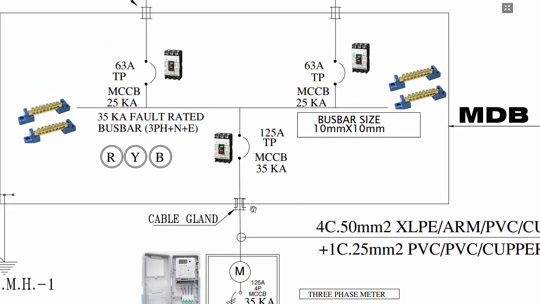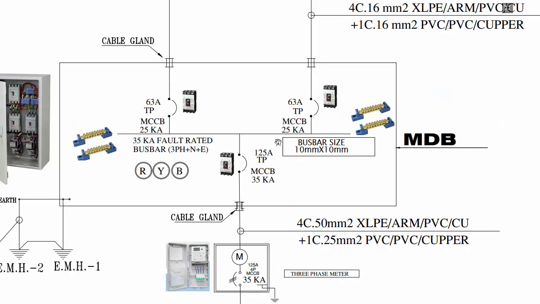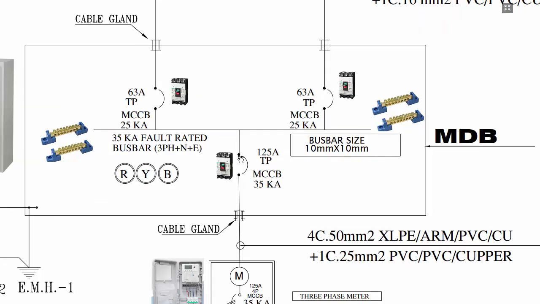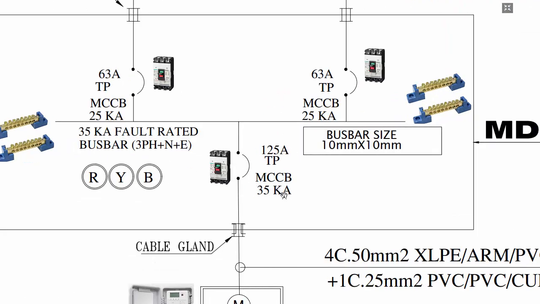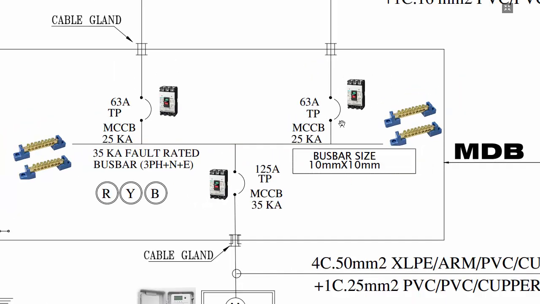Now the connection enters the MDB, the main distribution board box. In the main distribution board you have this initial MCCB, 35 kiloamperes, 125 amperes TP rating, and here you have another MCCB.